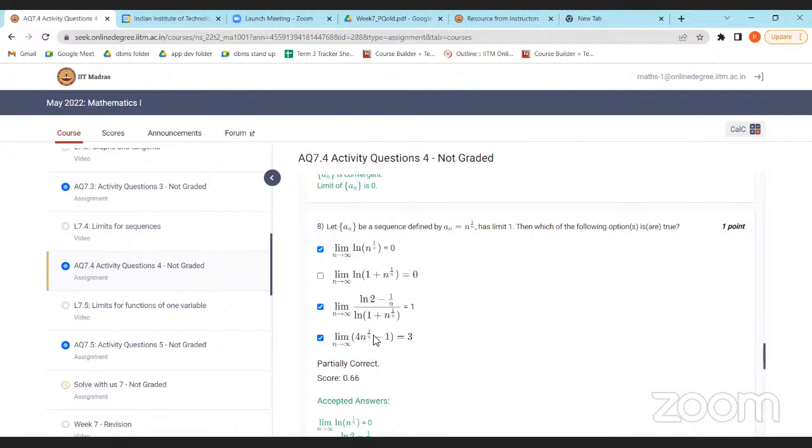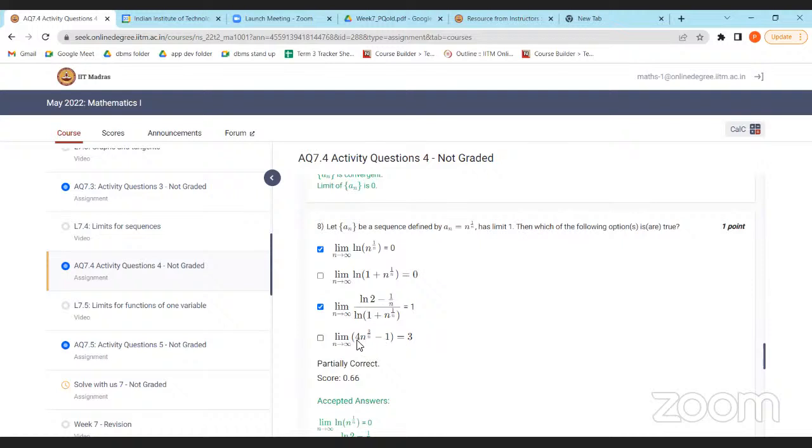Yeah, so I'm simply multiplying this particular 1 by n by 3, right? Now this screen is visible, right?